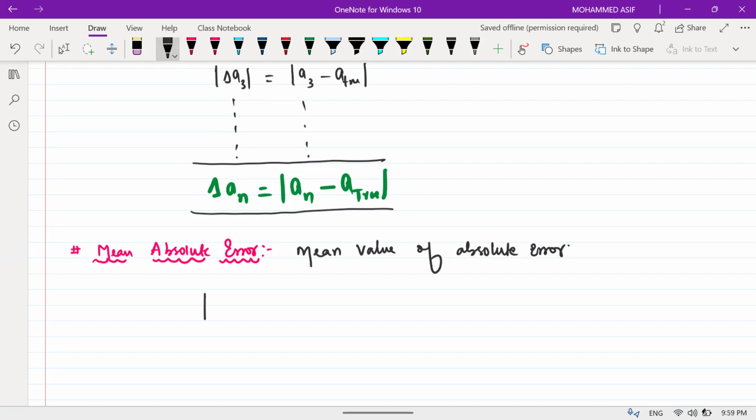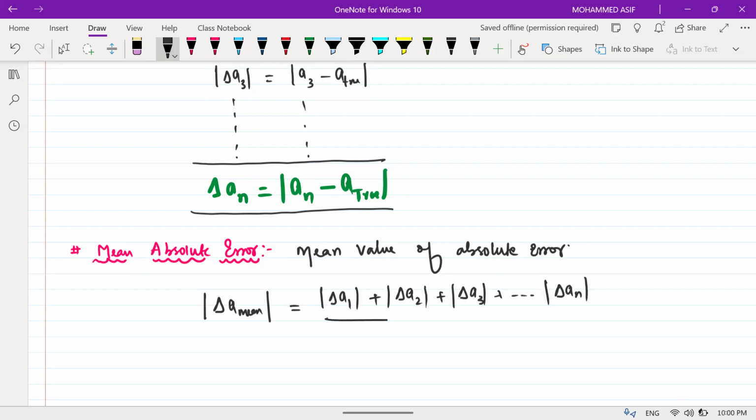That means delta A mean is equal to mod of delta A1 plus mod of delta A2 plus mod of delta A3 plus so on up to delta AN, divided by N, the number of times you have done the experiment.